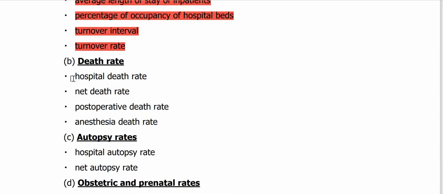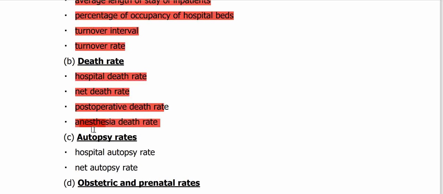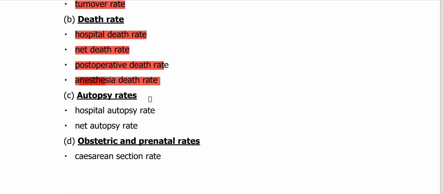And also we have death rates, whereby the hospital death rate is calculated, the net death rate is calculated, the post-operative death rate is also necessary, and also anesthesia death rates. These are the patients that would die during operations or after failing to recover from the operations as a result of anesthetic-related problems.